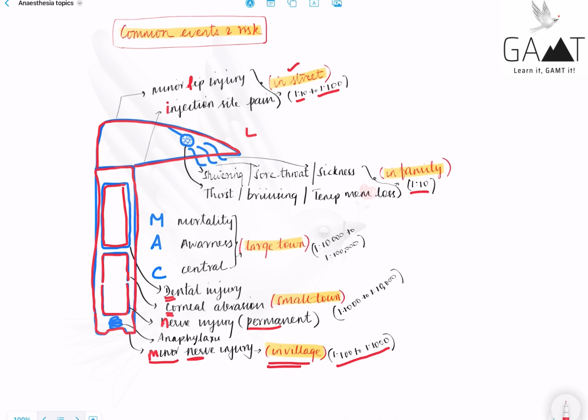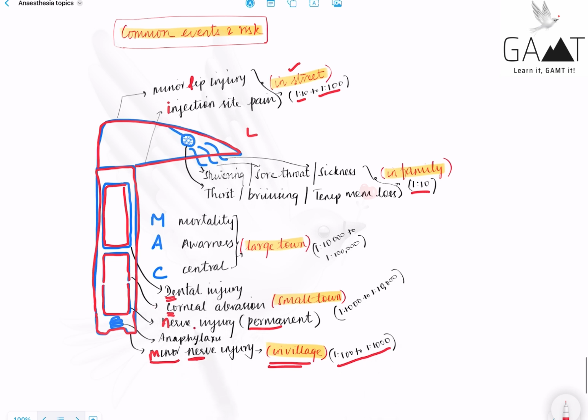These are rare: dental injury, corneal abrasion, permanent nerve injury, and of course anaphylaxis. The spring at the bottom resembles the letter A for anaphylaxis. All these 4 come under the rare category, 1 in 1000 to 1 in 10,000. It's equivalent of a person in a small town having that adverse effect.